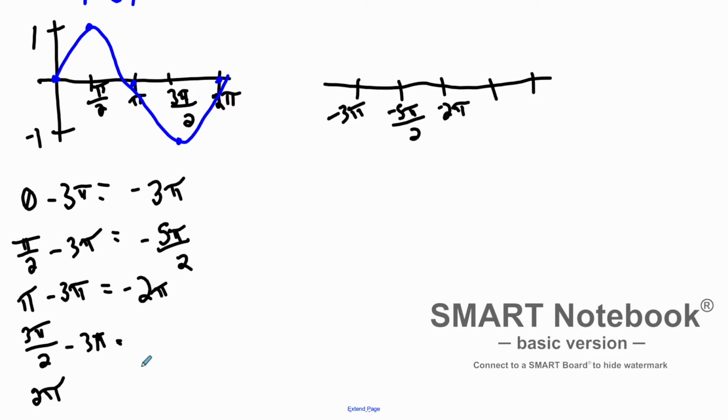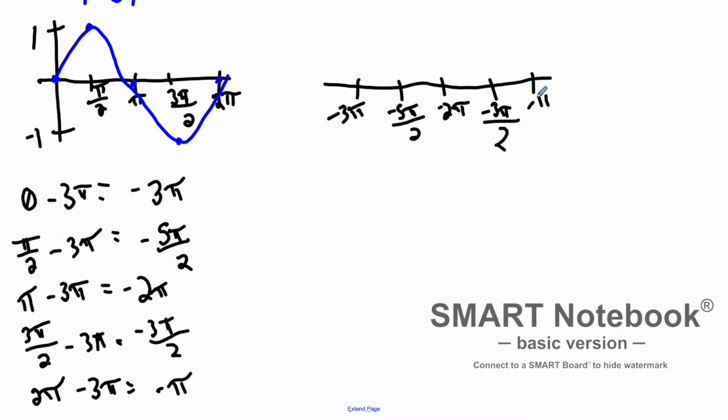That's the same thing as 3 over 2 minus 6 over 2, which is going to give you -3 over 2, or -1.5. So -3 pi over 2. And then the last one, 2 pi minus 3 pi, that's going to just give us a -pi.